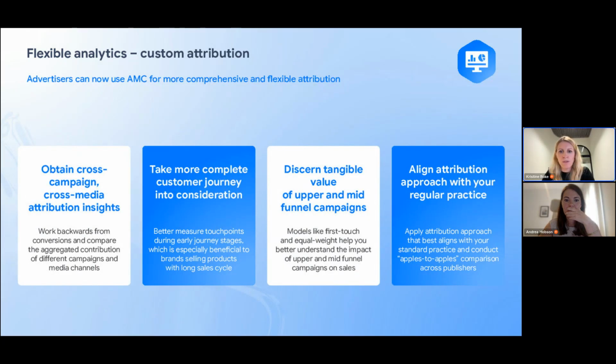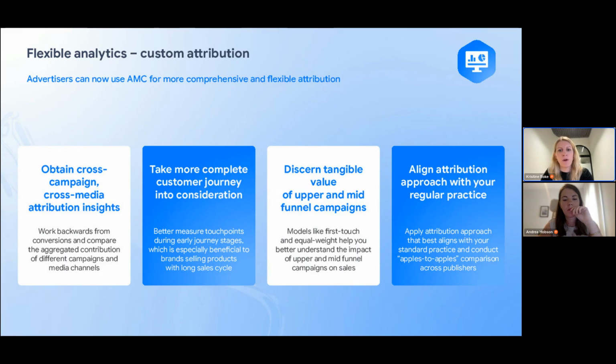Going deeper into attribution, this flexibility really changes how we evaluate campaigns. We can compare performance across channels, understand cross-media contribution, and measure early funnel interactions more accurately, which is not always easy.